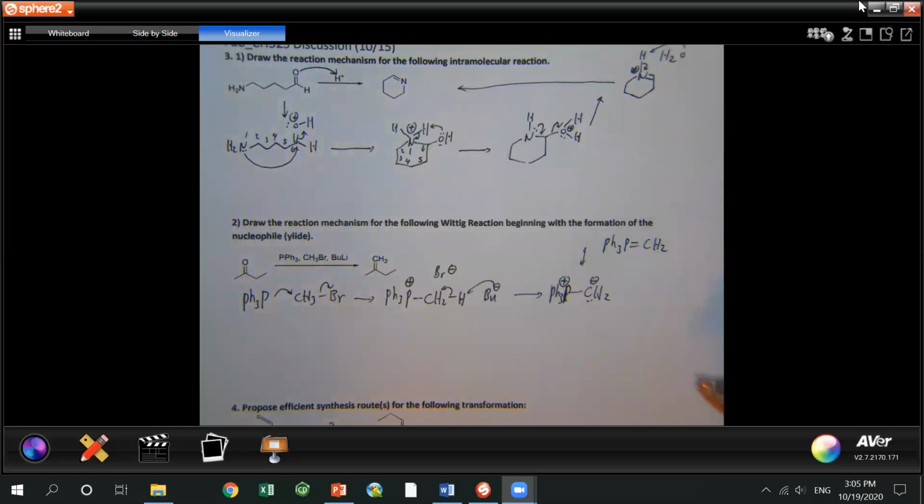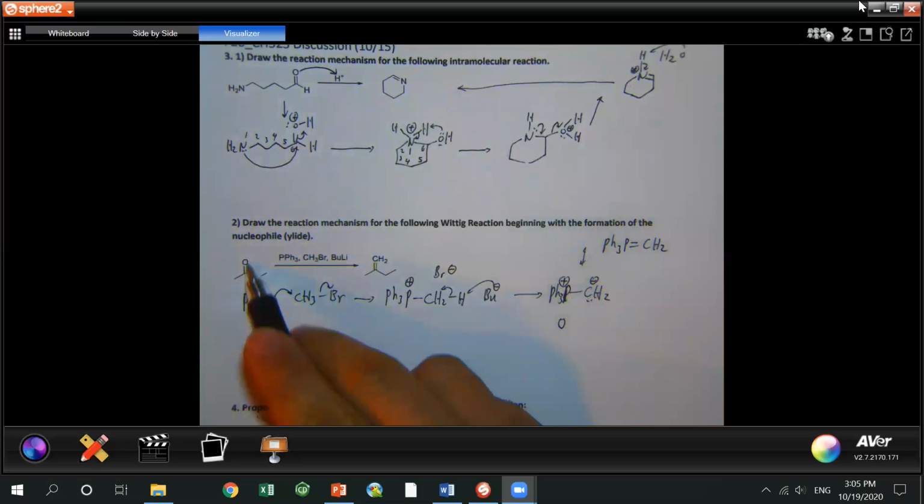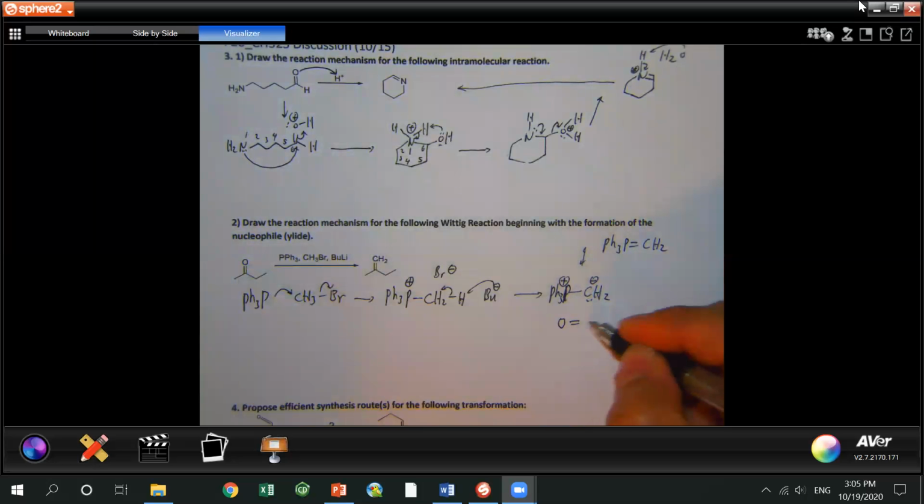When you draw the Wittig reaction, make sure you align the aldehyde or ketone in the right direction. Here phosphorus has a positive charge and carbon has a negative charge. You want the oxygen close to the phosphorus, and the carbon close to the negative charge species.